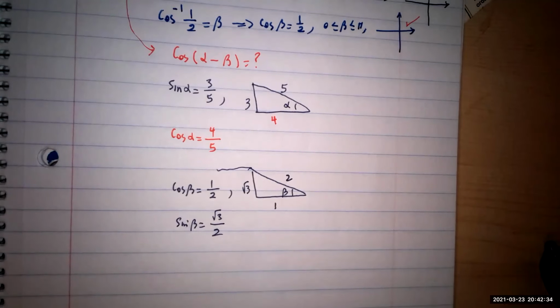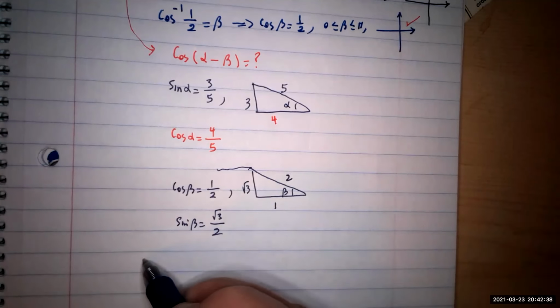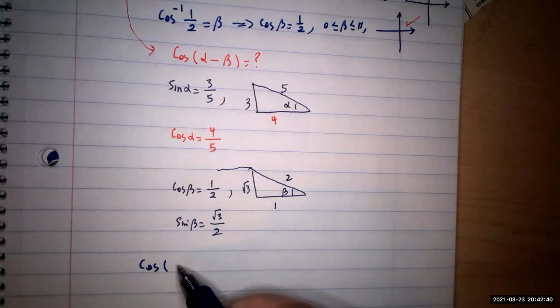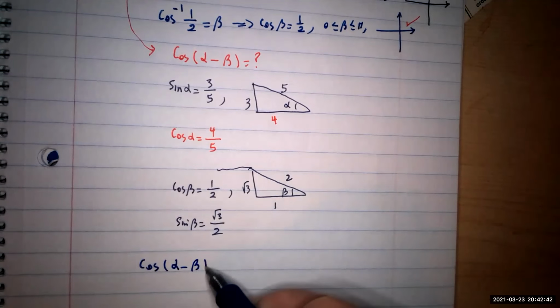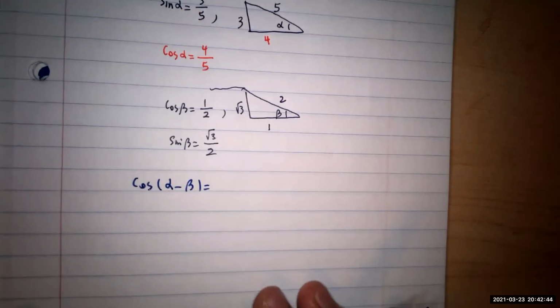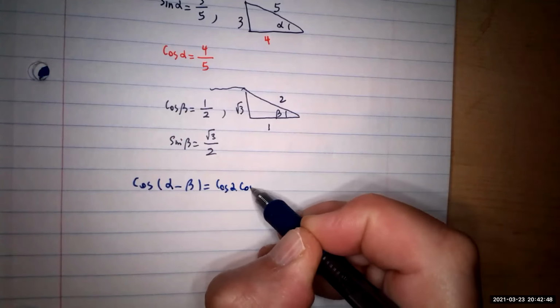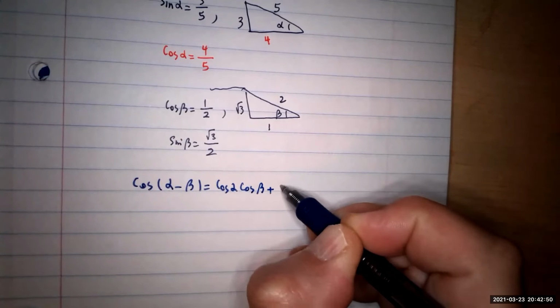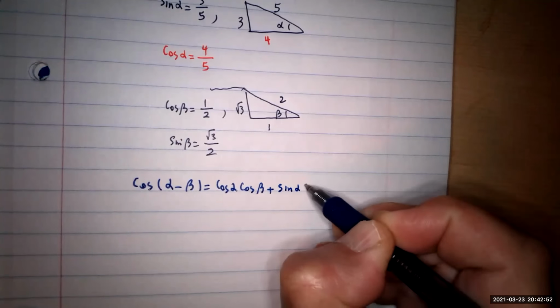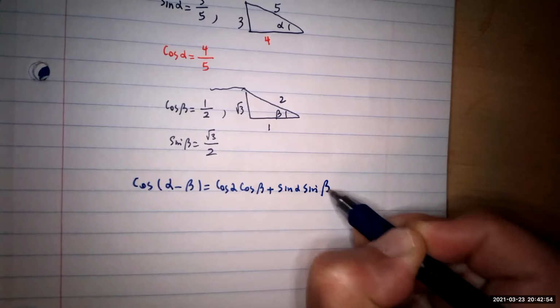Now we are ready to distribute the formula and get your result. We are interested in the cosine of alpha minus beta, which is going to be cosine of alpha, cosine of beta, plus sine of alpha, sine of beta.